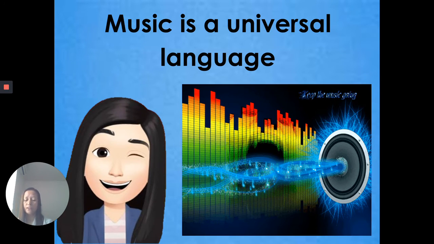You can communicate across cultural and linguistic boundaries in ways that you cannot do with ordinary language, like English or other languages from other countries. It also means that you don't have to speak English or French to enjoy the composition of a music or a song.